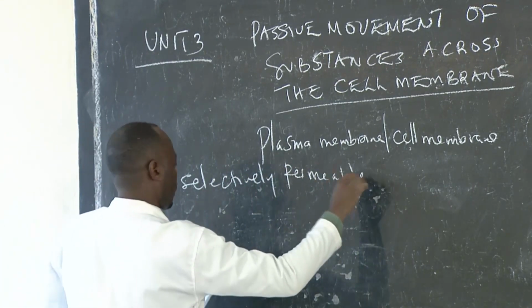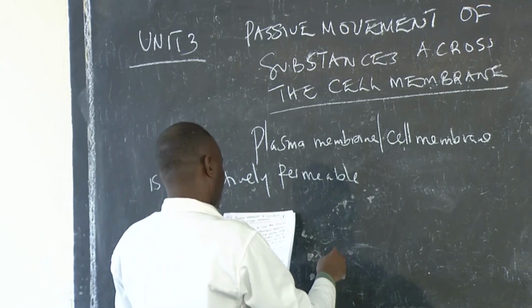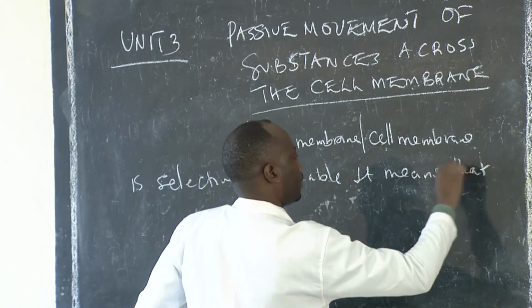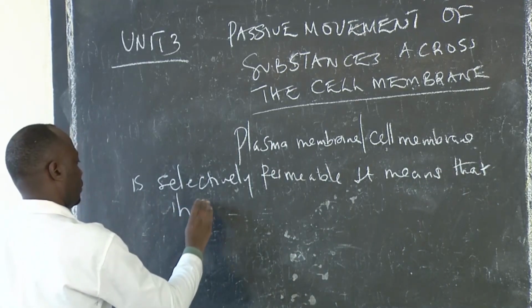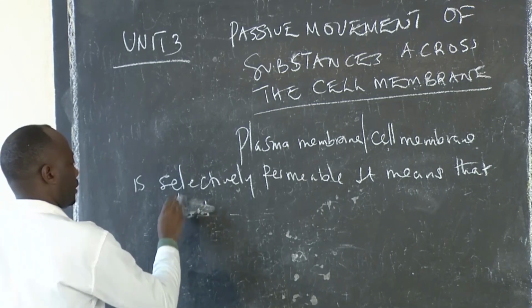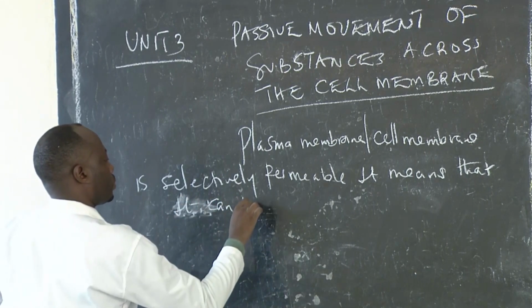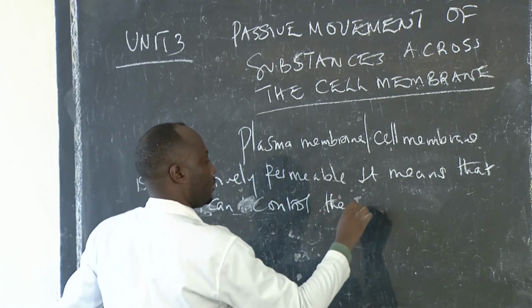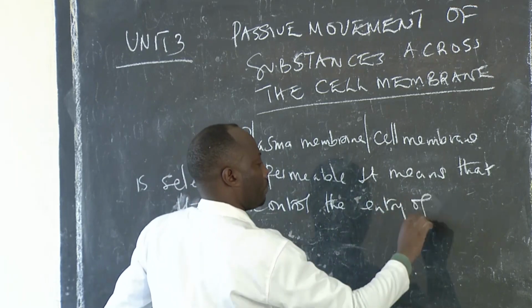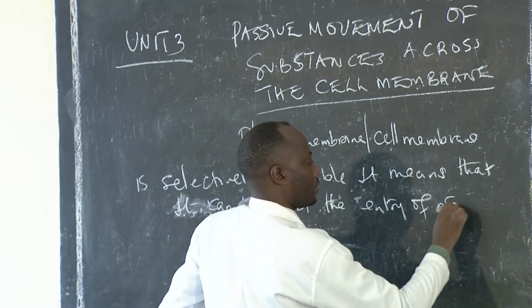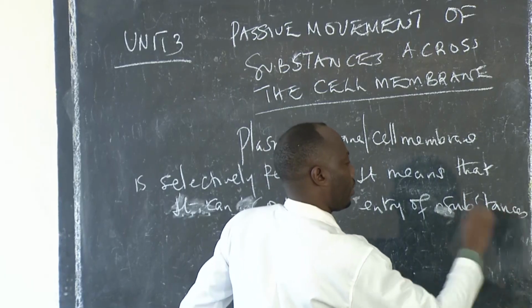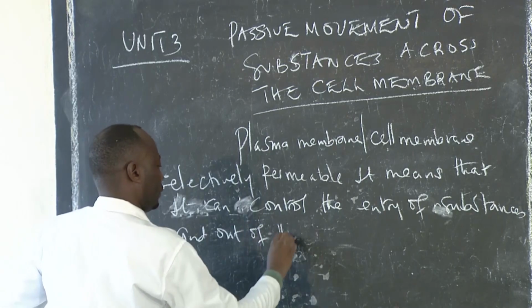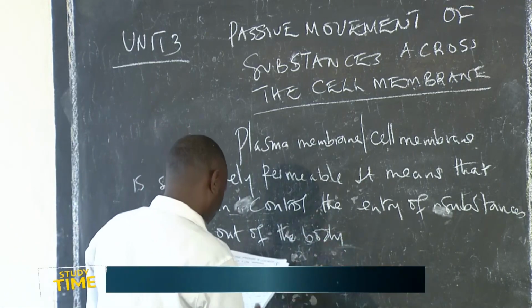If I say selectively permeable, it means that it can control the entry of substances and out of the body. All right?